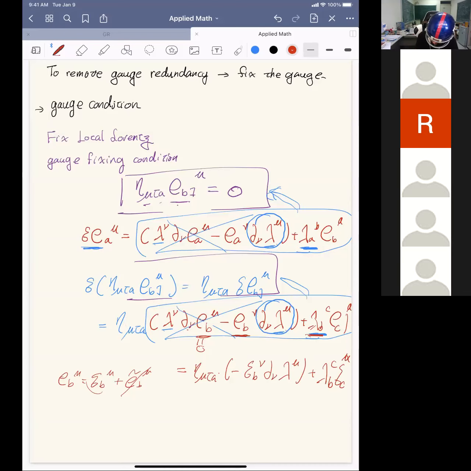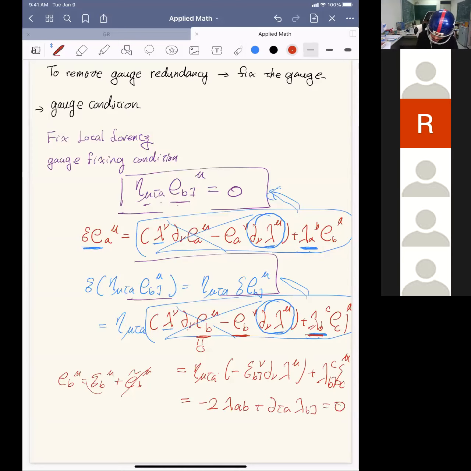Okay, and therefore what you get in the end is minus a half, because it's anti-symmetric with b, lambda_{ab} plus partial_a lambda_b is equal to 0.